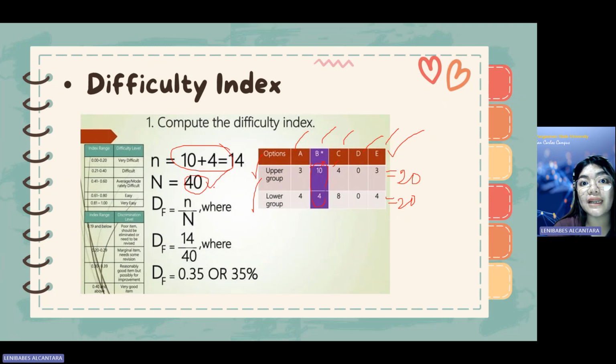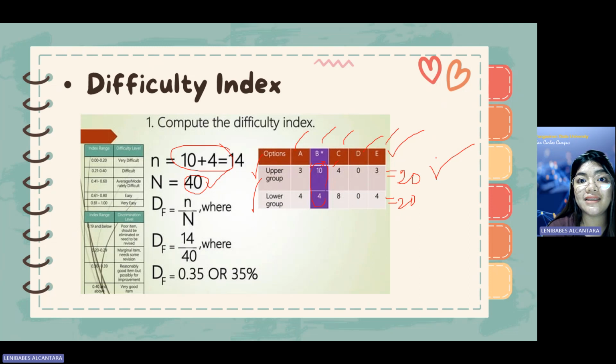Ngayon, hinati nila sa dalawa. Actually, it depends upon the university's manual or the school manual, or kung paano mo kukunin ang upper group and the lower group. Others are using 27%. Others are dividing it into 2. Okay? Now, in this case, 40 yung total number of students natin. Hinati sa dalawa, kaya ang upper group natin is 20.